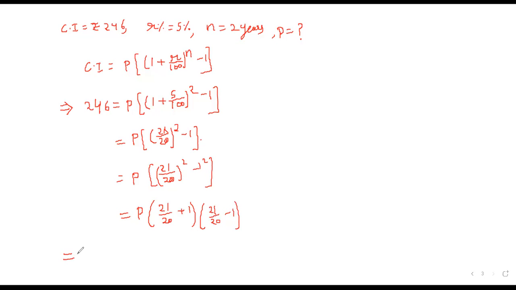So it implies 246 equals P into (21 plus 20, 41 by 20) into (21 minus 20, 1 by 20).